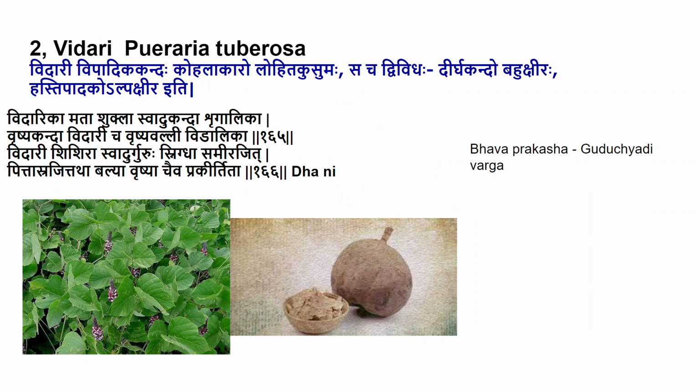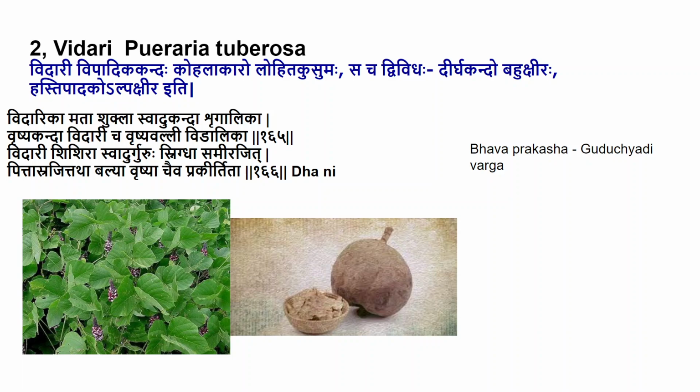Then the next is the Vidari. Vidari is Pueraria tuberosa as per the resources, the current botanical name. And according to Dallana, the other names or suggestions are Vidari is Vidarika, Kandaha, Kshirakanda, Lohita Kusumaha, Svadukanda, Dirgha Kanda, Bahukshiraha, Alpakshiraha.